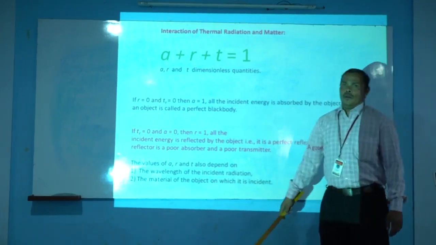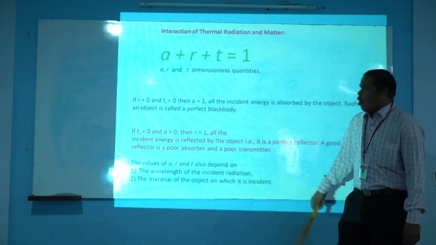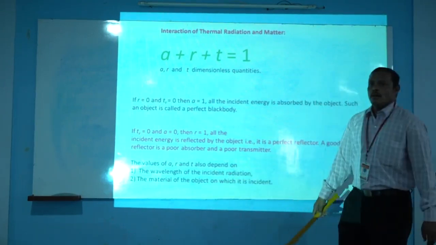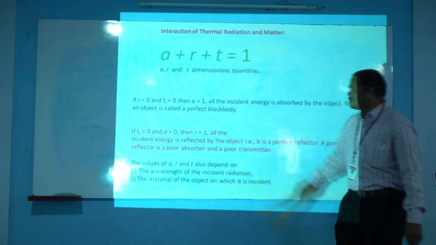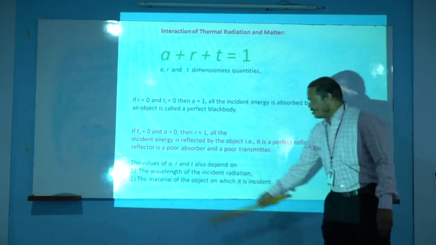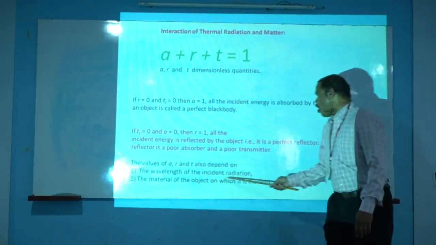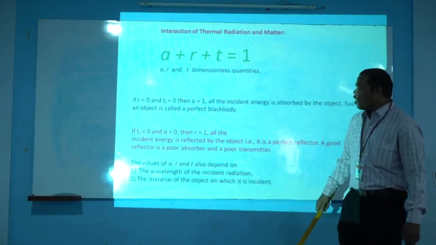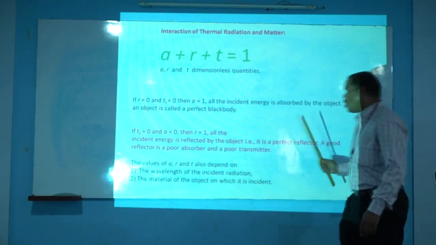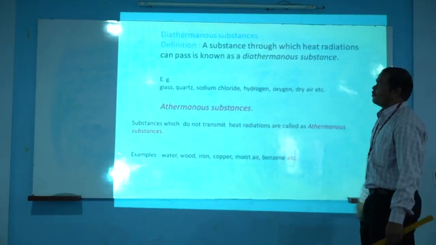Following are the factors on which the coefficients of absorption, reflection and transmission depend. These three coefficients depend, firstly, on the wavelength of the incident radiation. Secondly, they depend on the material of the object on which it is incident.